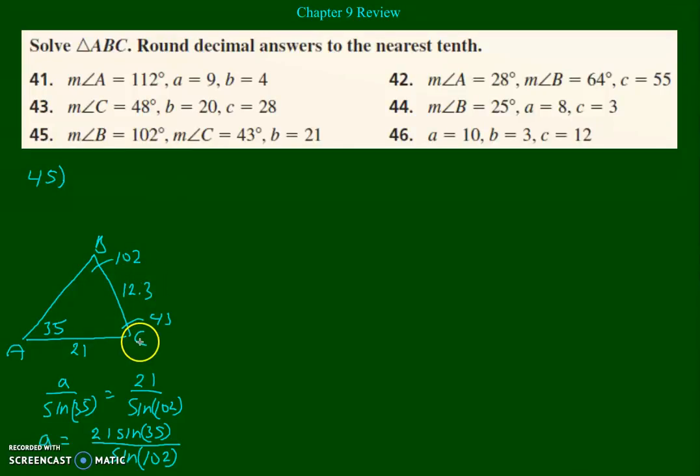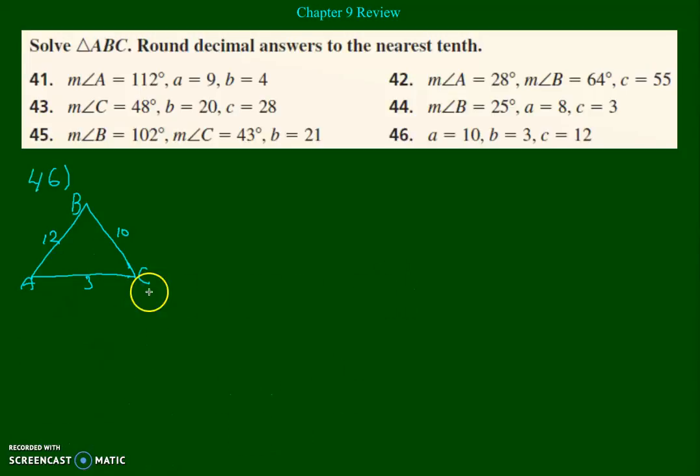And now we'll look for this side, and we'll do C over sine 43 is 21 over sine 102, and we've done this enough times, so C equals approximately 14.6. All right, that was a fairly easy one. Let's go ahead and do problem 46 now.